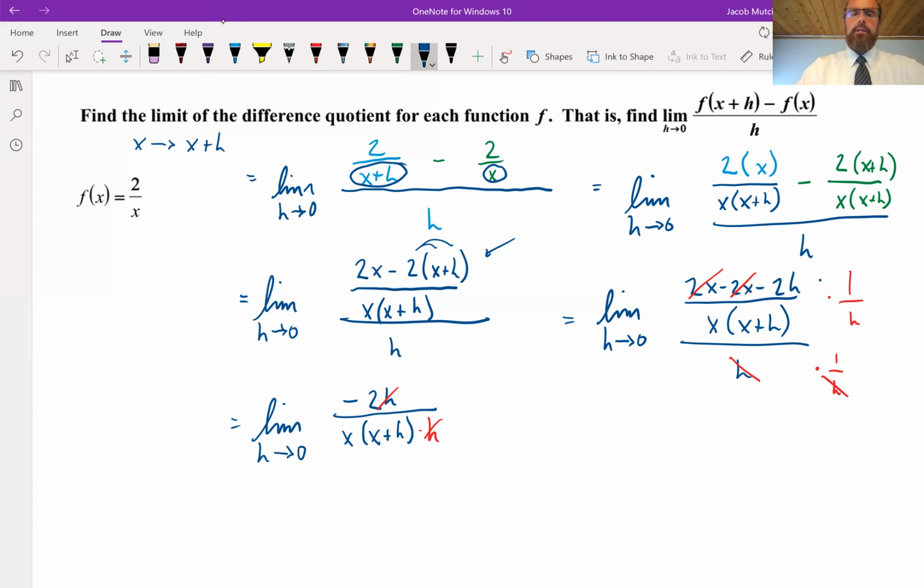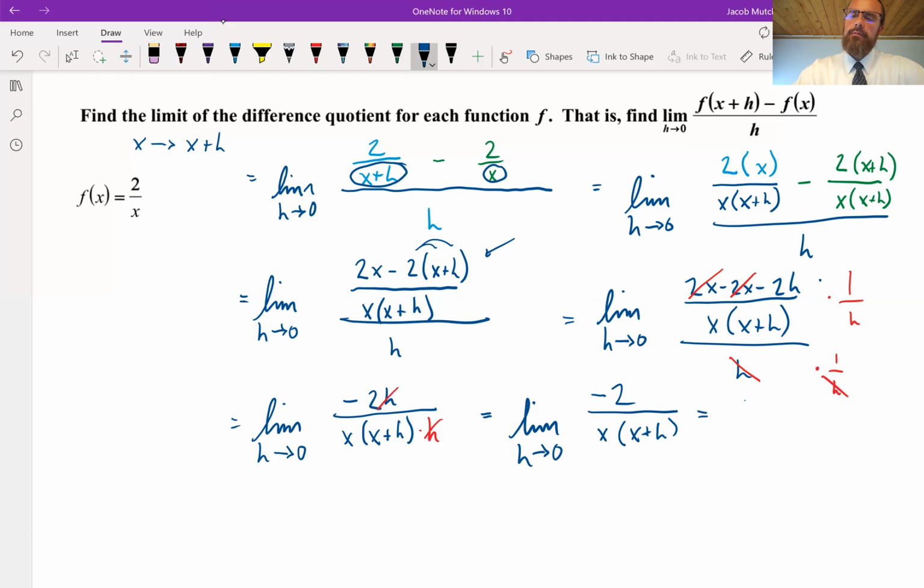And this is very close to being complete. At this time, what I've got is the limit as h approaches 0 of negative 2 over x times x plus h. And now I'm ready for the direct substitution. I can put in 0 for h. And again, I'm not going to touch the x's because the limit is in terms of h only.